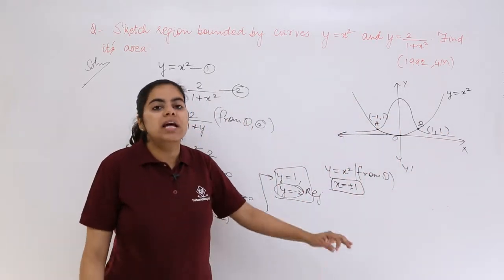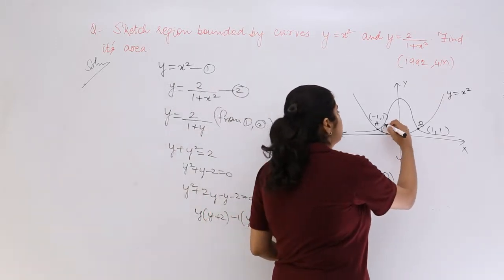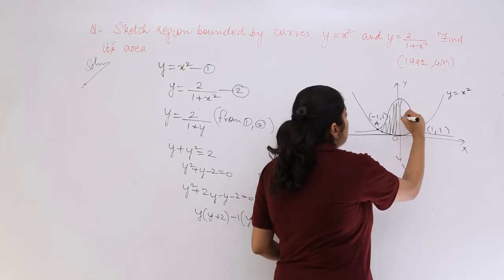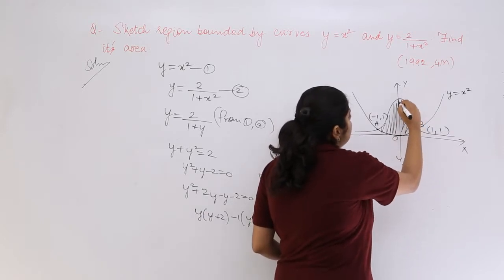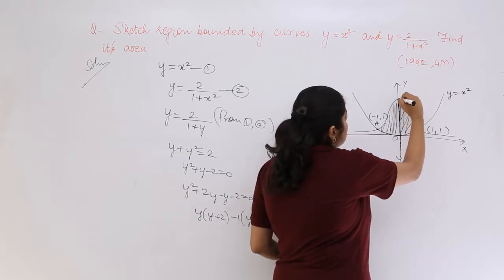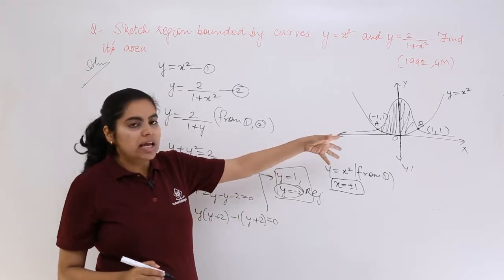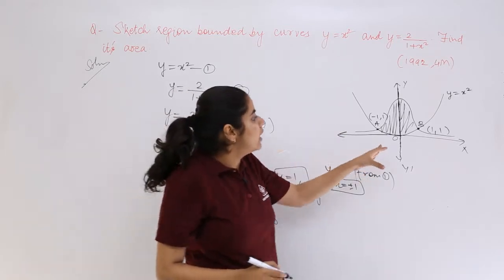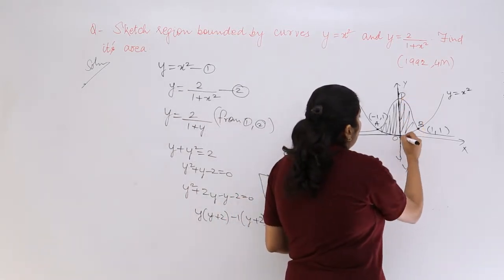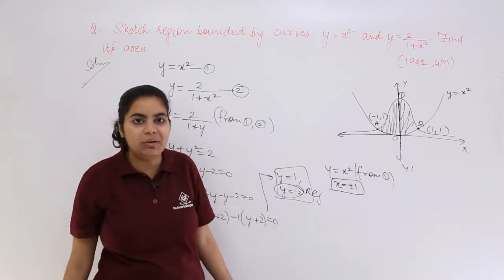Fine. Now I have to find the required area. The required area would be this shaded area, and this shaded area can be very easily obtained. I darken this y-axis. See how to get the shaded area. Since the curves are symmetric about the y-axis, if I find OBD and multiply it by 2, I get the required area.